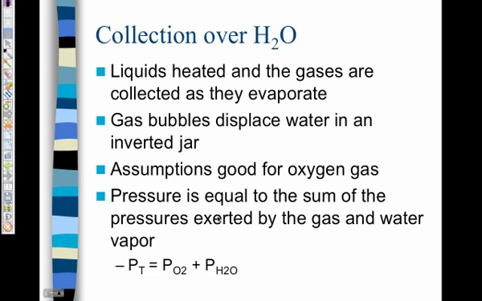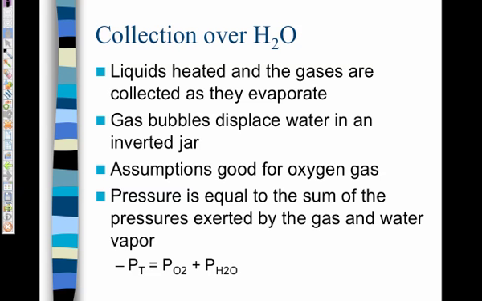So sometimes, or a lot of times when we look at gases and we create gases, we collect them over water. So what happens is that we create a gas in a solution, and then the gas would bubble up and be filled to the top, and we'd collect it. When you do that, you get some water vapor in it.